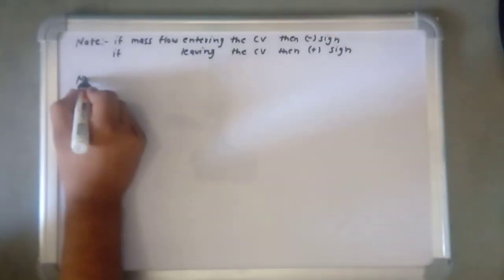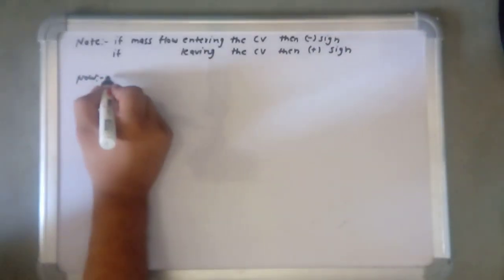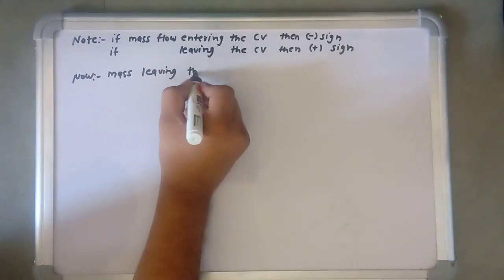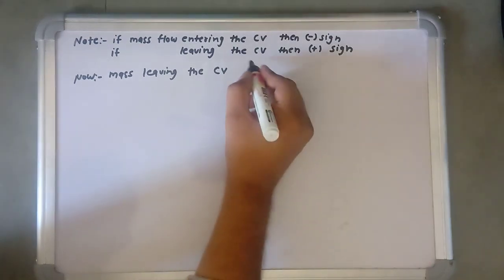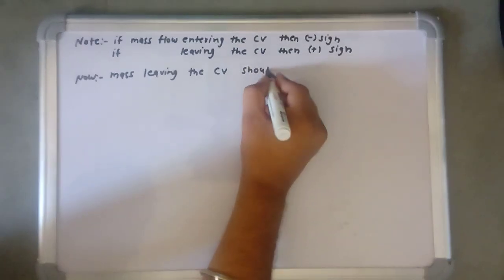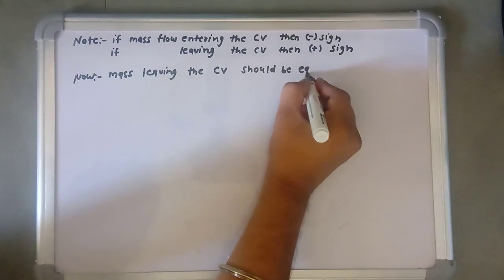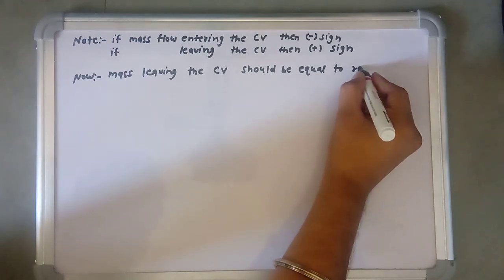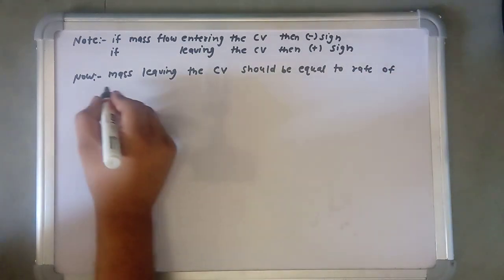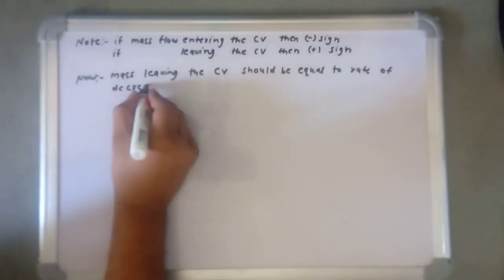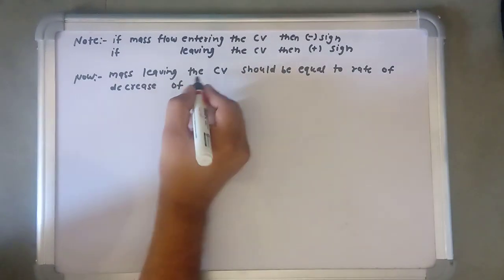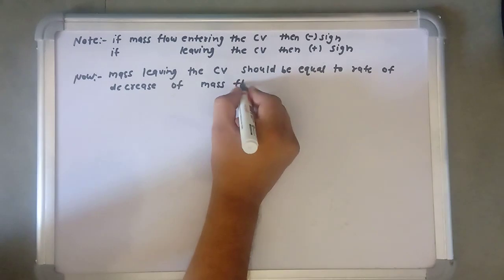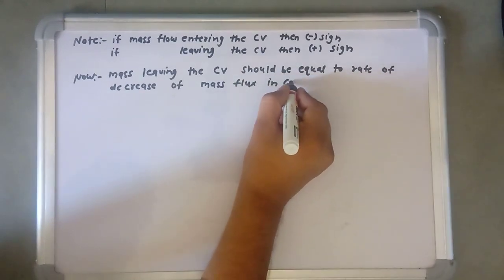Now the mass leaving the control volume should be equal to the rate of decrease of mass flux in the control volume.